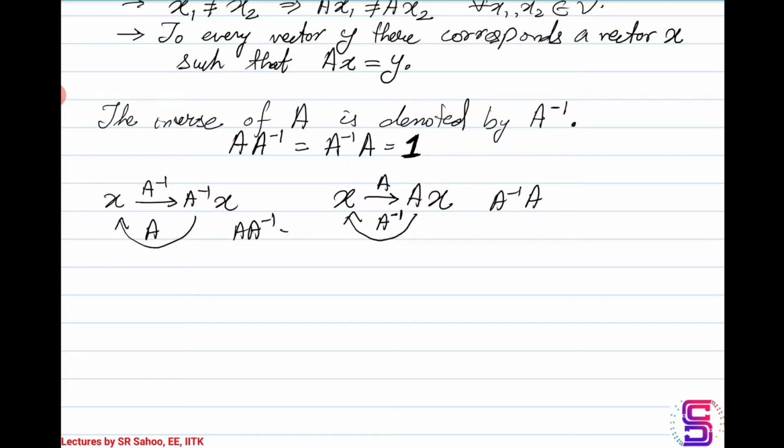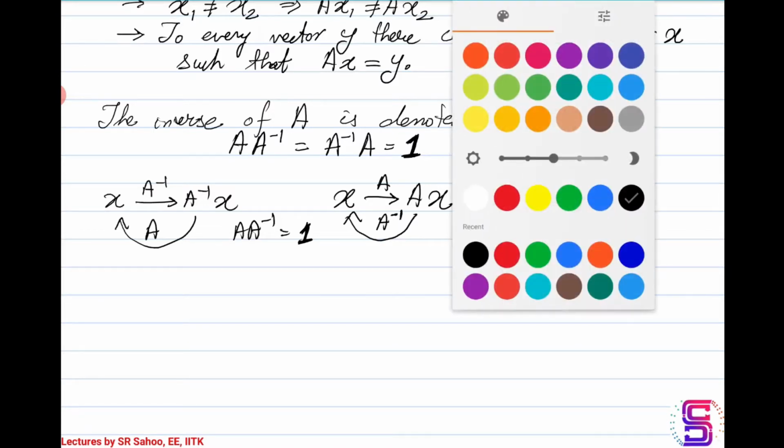So here A A inverse is the identity map, and here A inverse A is the identity transformation. Okay, in both cases it is the identity transformation.